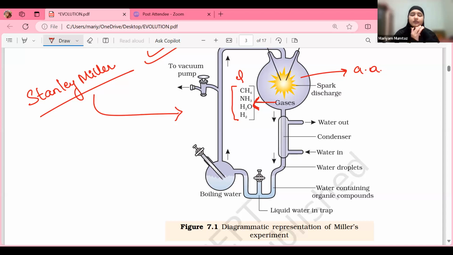Now coming on to the fifth theory, that is the theory of spontaneous generation. This theory states that the living organisms came from the non-living matter present on the earth. Write down: this theory states that the living organisms come from the non-living matter present on the earth.